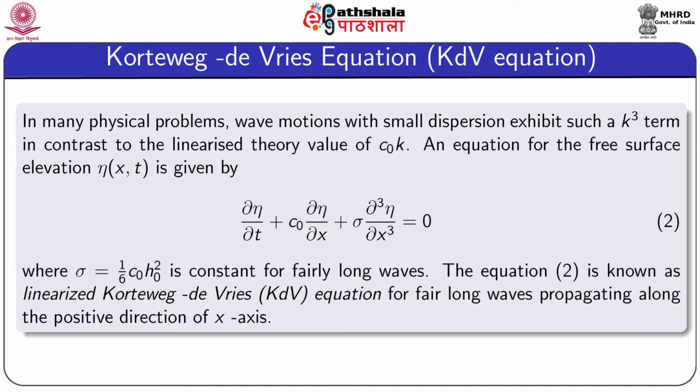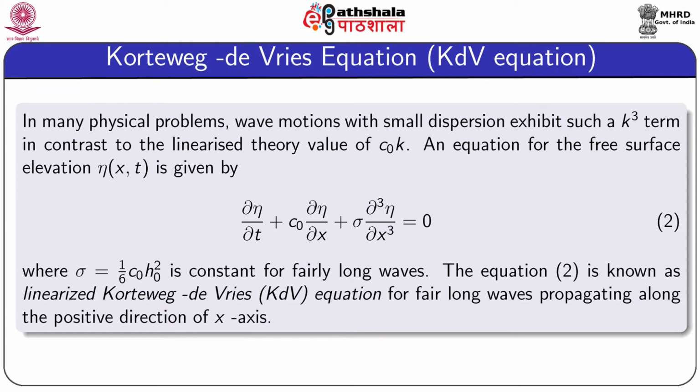Now, the equation for the free surface elevation, which is denoted by the variable eta and which is a function of x and t, is given by del eta del t plus C0 del eta del x plus sigma del cube eta del x cube equals 0, where sigma is defined as sigma equals 1/6 C0 h0 squared, and this is a constant for fairly long waves.